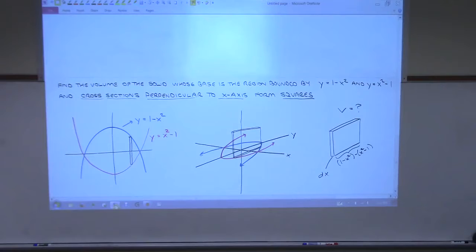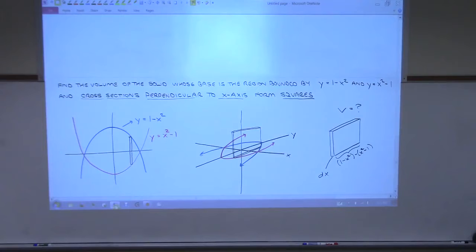This is y equals what? 1 minus x squared. And then the other one is the parabola that opens up. Comes something like this. This one is y equals x squared minus 1. So that's the base of the solid, right?